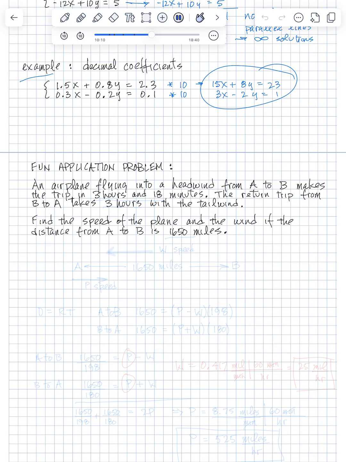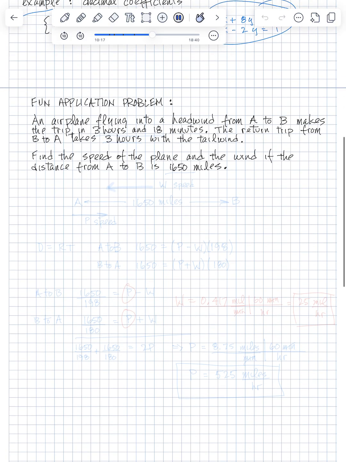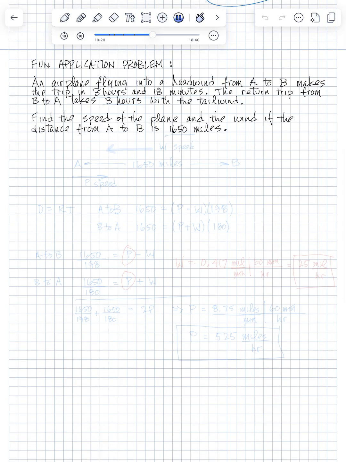Okay, so now we're going to move on to a fun application problem. We have an airplane that is flying from point A to point B, and it's flying into a headwind. The time it takes to fly from A to B in this headwind is 3 hours and 18 minutes.